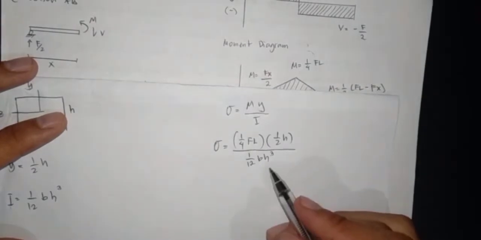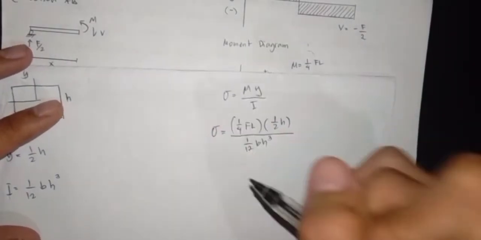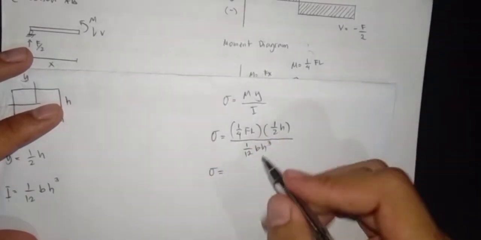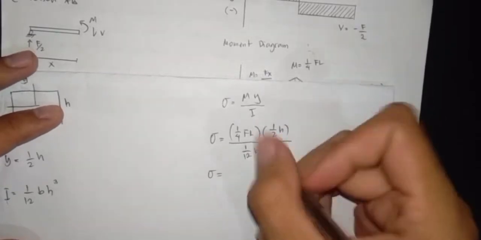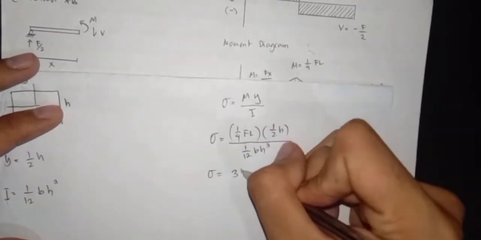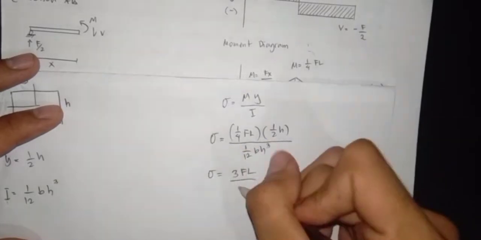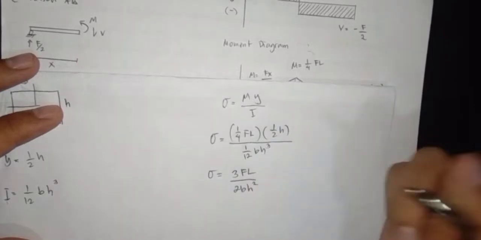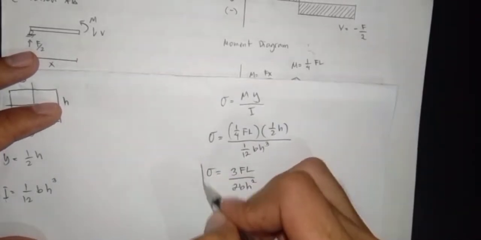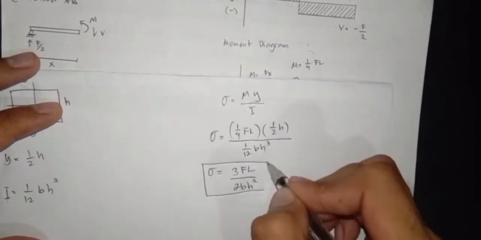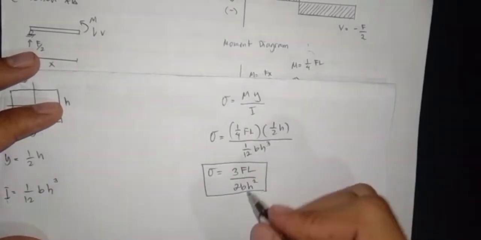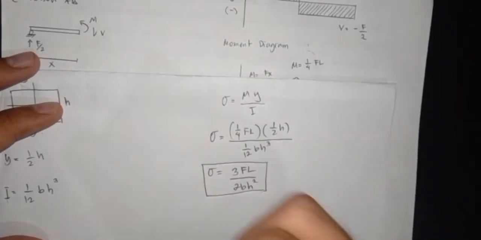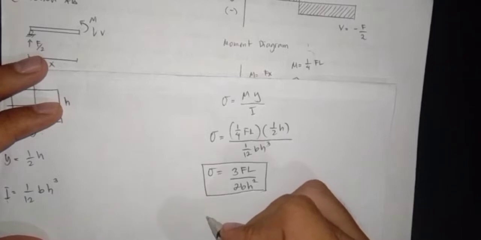So yan. So by simplifying it, makukuha natin is 3 FL all over 2 base times height. Yan. So yan yung formula ng 3-point bending.